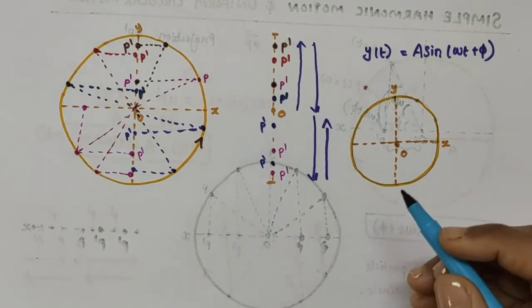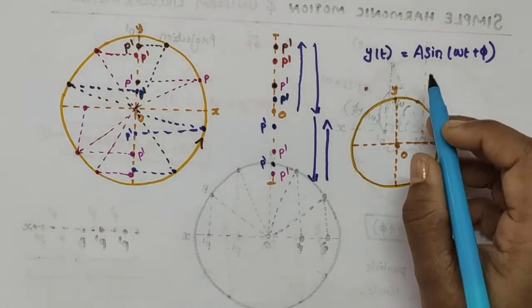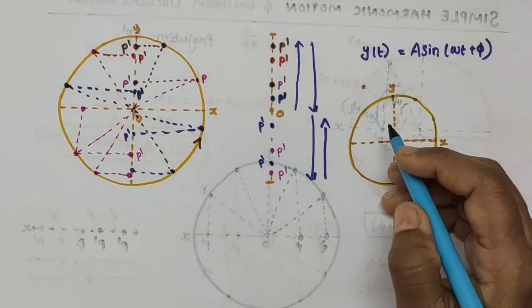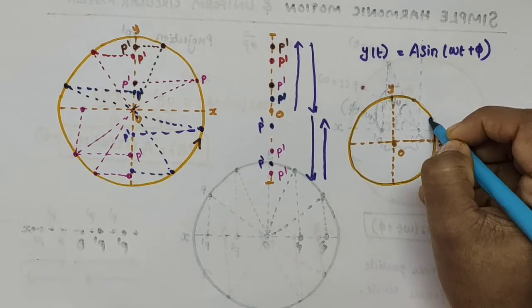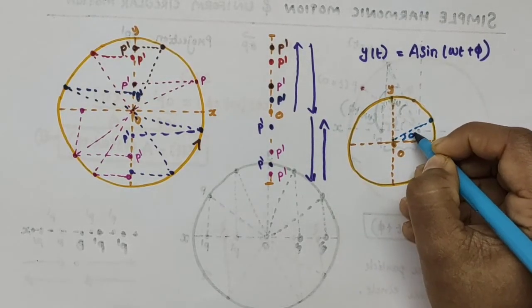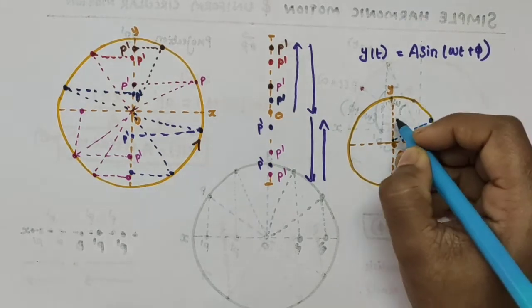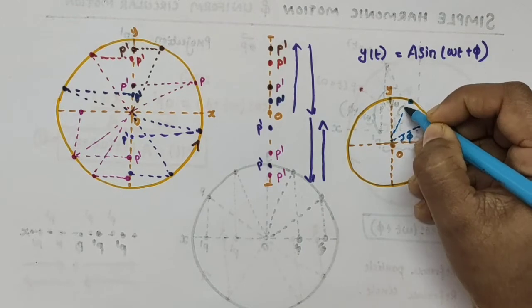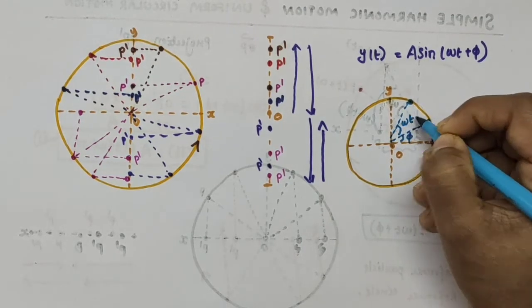Actually, how could we write the displacement of P dash on the y-axis like this, y of t equal to A sine of omega t plus phi? See, when the particle P is here, we said already that it makes an angle phi. Then when the particle reaches somewhere here, it makes a further angle omega t.